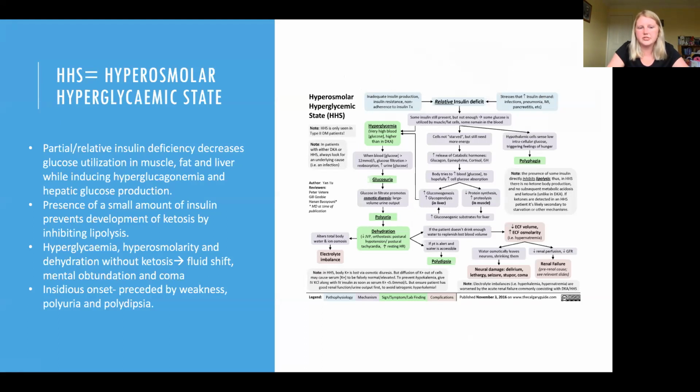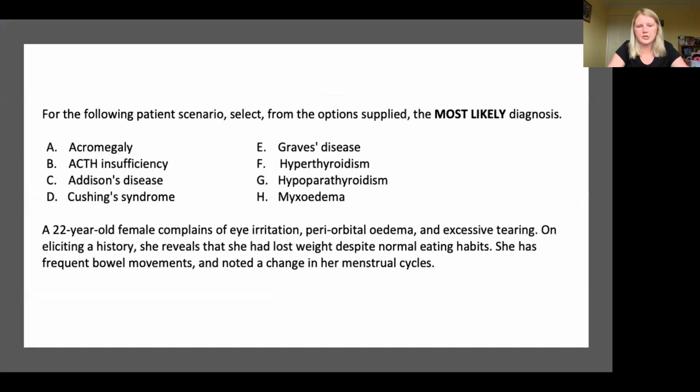However, we do start to see some changes in fluid shifts because of the abundance of glucose present. And so this can be a response that occurs and can present similarly to DKA. So this is just for extra information, and you may get asked about it in years to come.